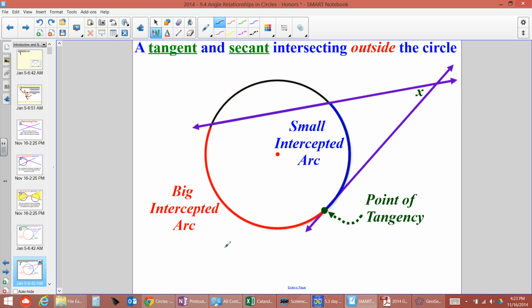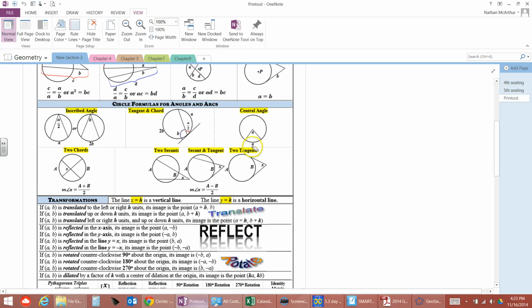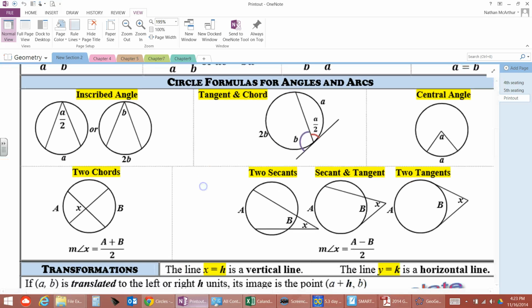So same thing when we have a secant and a tangent. On your cheat sheet, let me show you what your cheat sheet looks like for the test. You're going to have this as the helper. You're going to have tangent and a chord. It's going to label what the lines are. So here's a tangent and a chord.